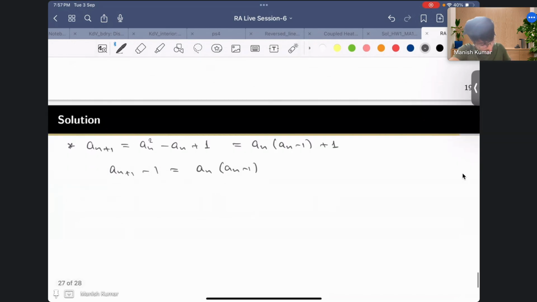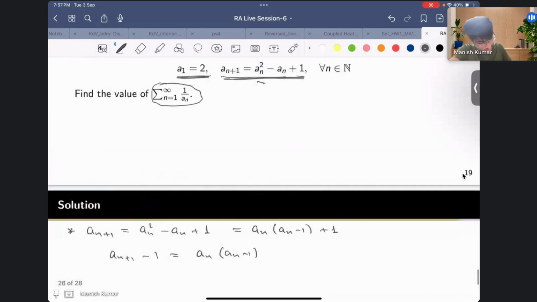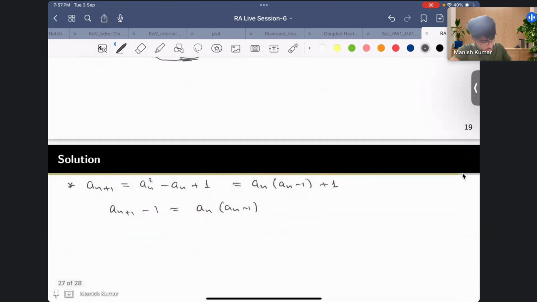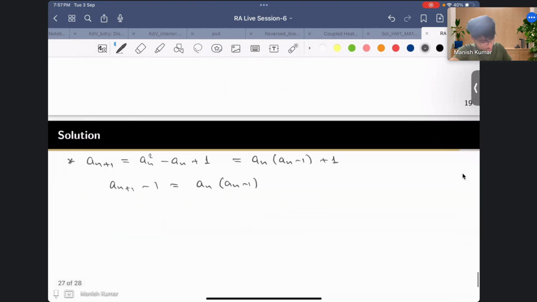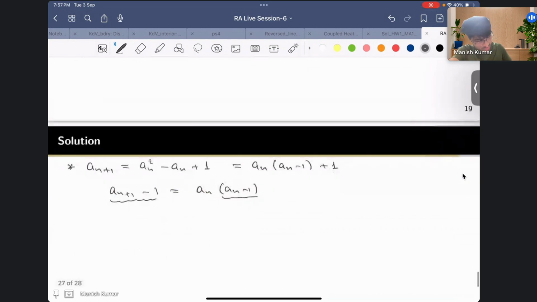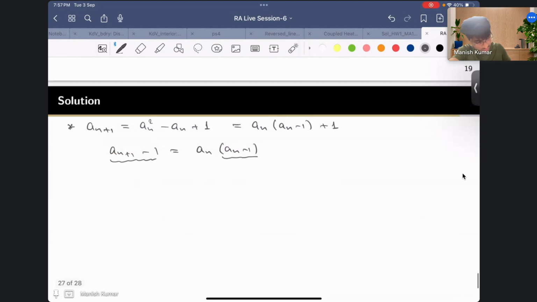Now you have to write 1 by a_n, so you can see some pattern: a_{n+1} minus 1, and a_n minus 1. So we'll just take the reciprocal and then try to see what happens.